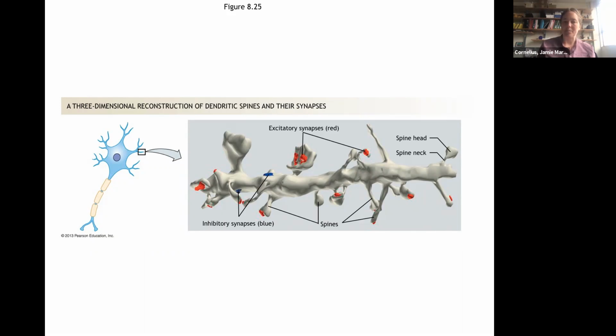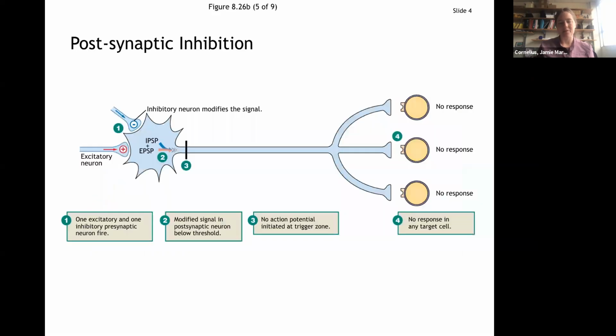Some might be characterized by having a lot of excitatory synapses. So you can get a lot of complexity just in how the receiving cell builds itself. What receptors it expresses in its membrane is going to entirely determine how it responds to a signaling cell. That's kind of cool. There's so much room for plasticity in the nervous system.